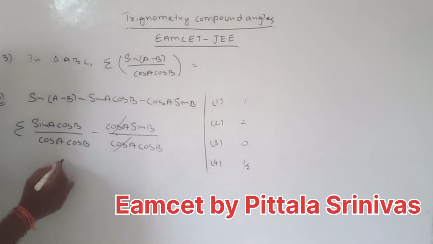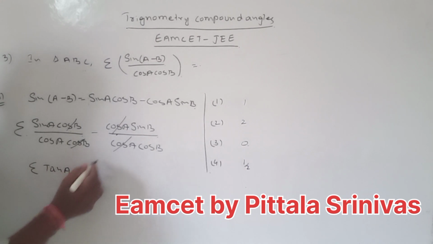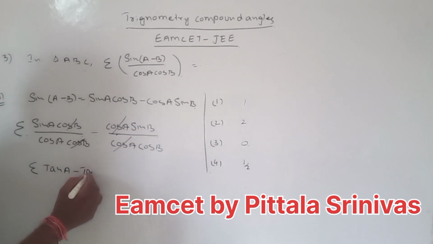This one cancels and this one cancels. Sin A by cos A is equal to what? Tan A minus sin B by cos B is equal to what?